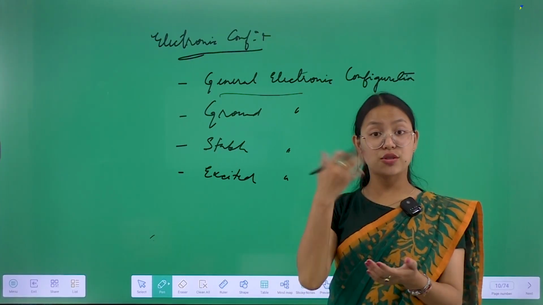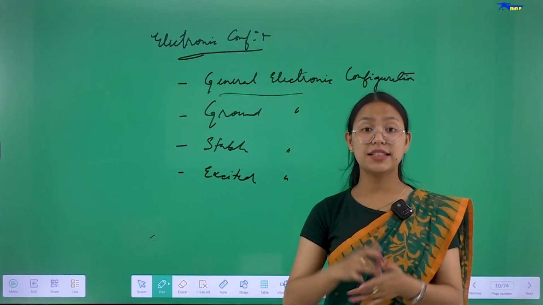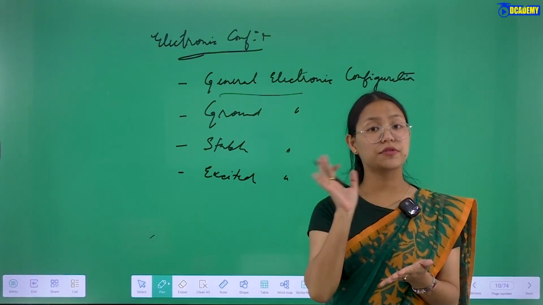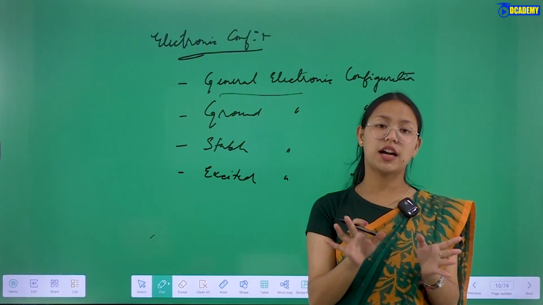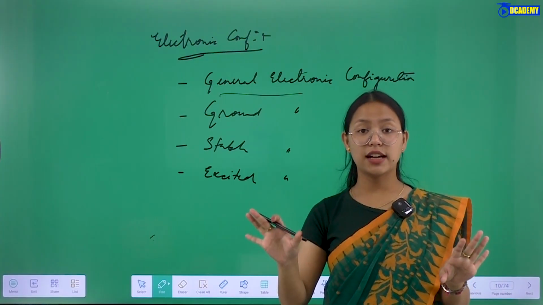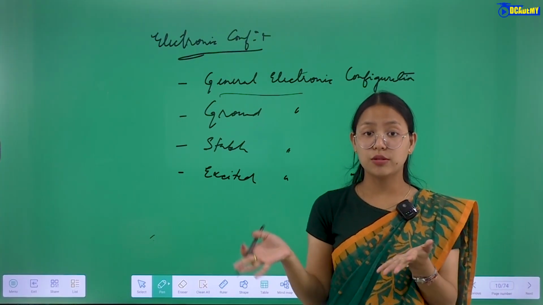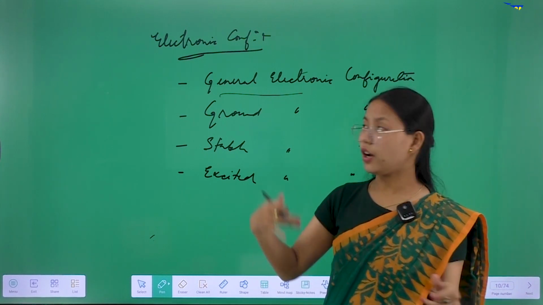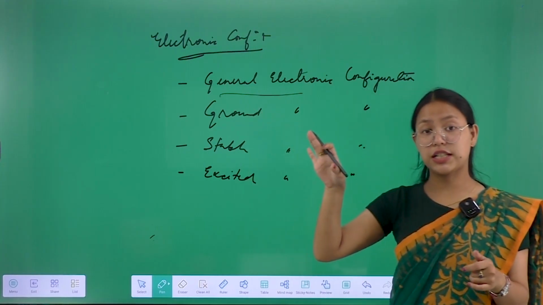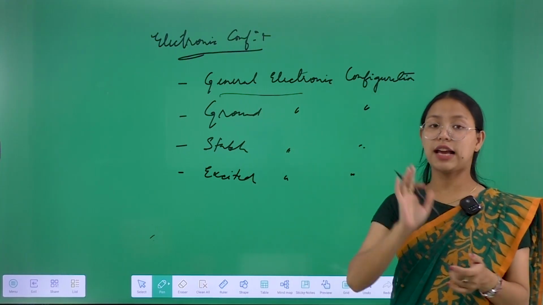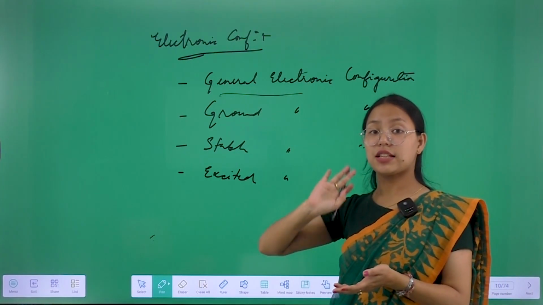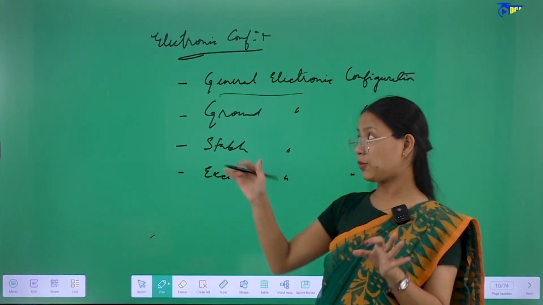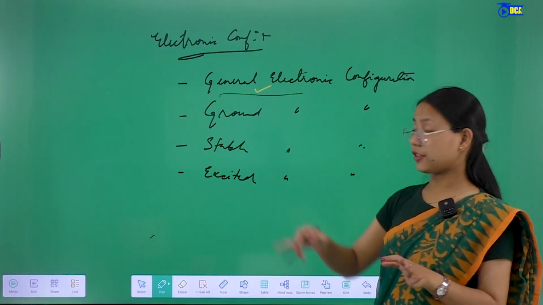In class 12 there are generally a science stream and an arts stream, and there are various types of subjects. We don't know what subjects they included, but we know that this one is class 12 science and this one is class 12 arts. That is known as a general electronic configuration.